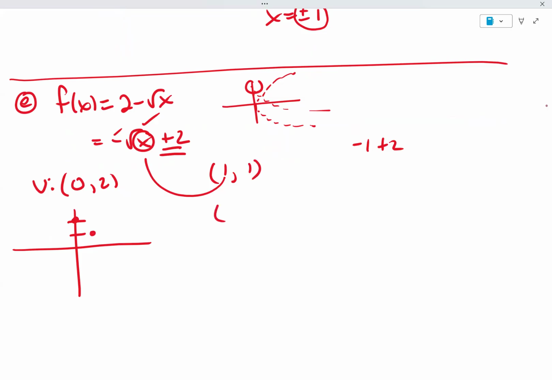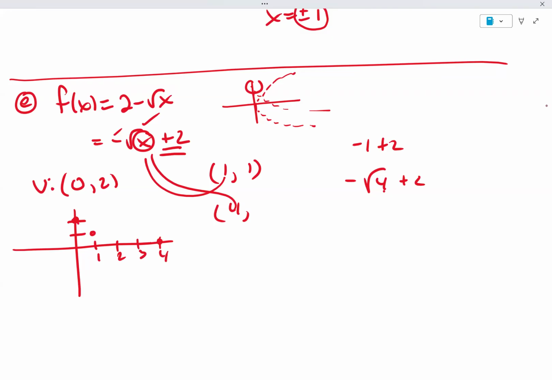Then if I pick, say, 4, put that in. The square root of 4 is 2, and then times that negative 1 is negative 2, plus 2 is 0. So 4, 0. So this I should label here, I guess, as 1, 2, 3, 4, 0.